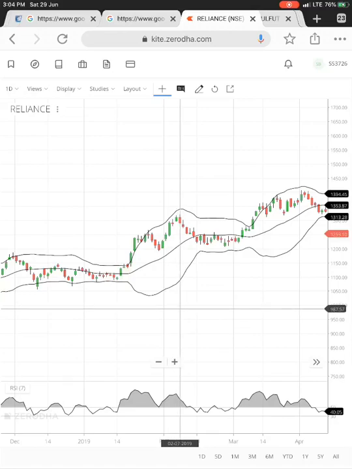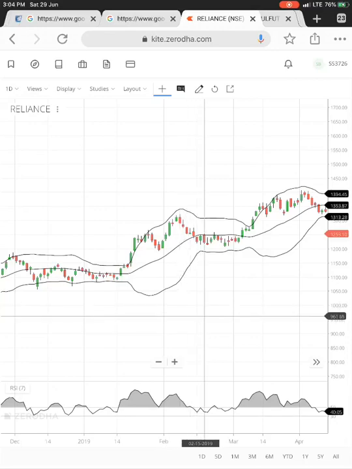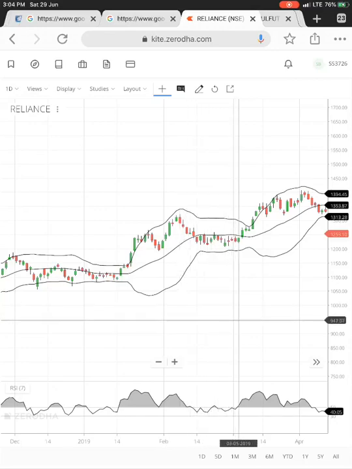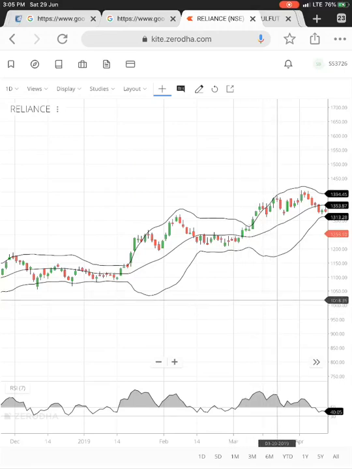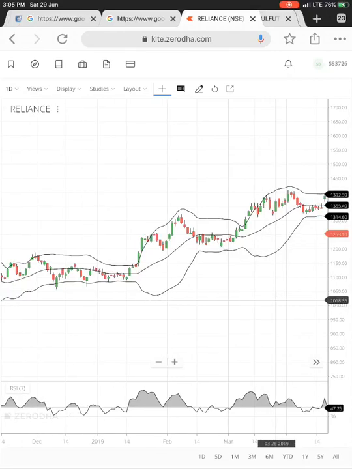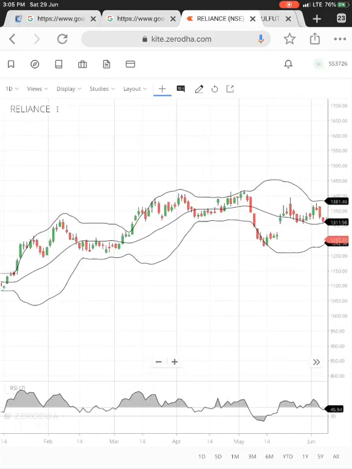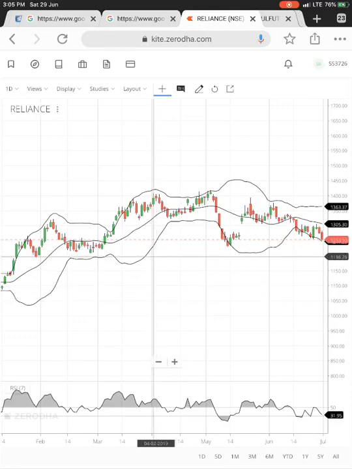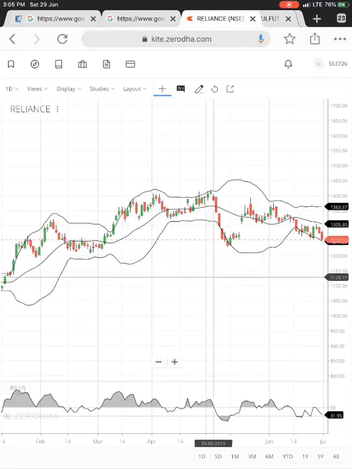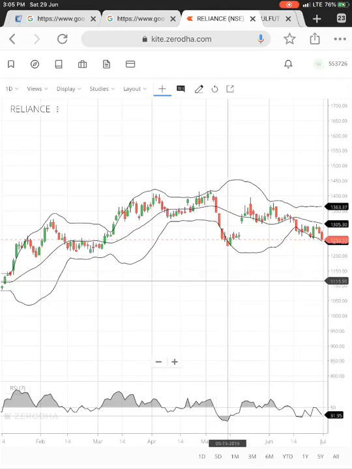Because of this pattern, the downward movement started once again and continued till this point. Then once again a bullish engulfing started. Here is one other type of pattern, which we will discuss by seeing a different chart. Here one more type, and here one more type, and here one more type.